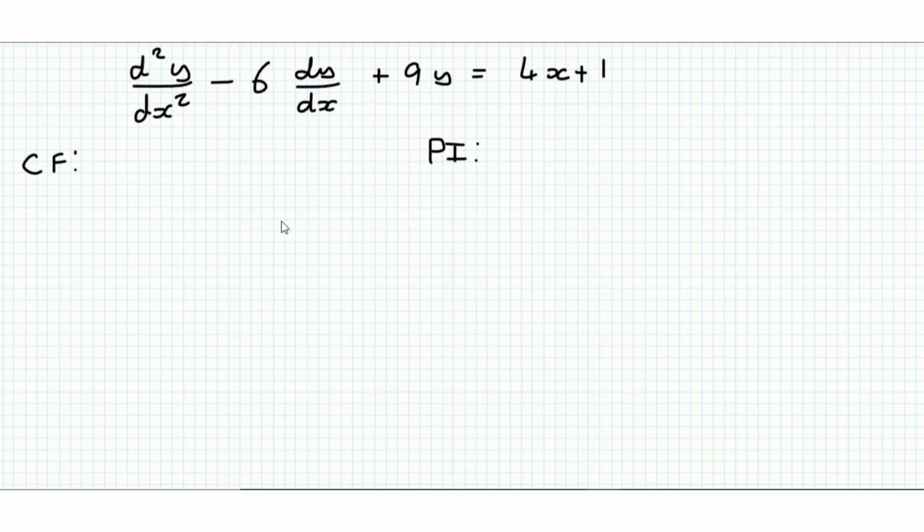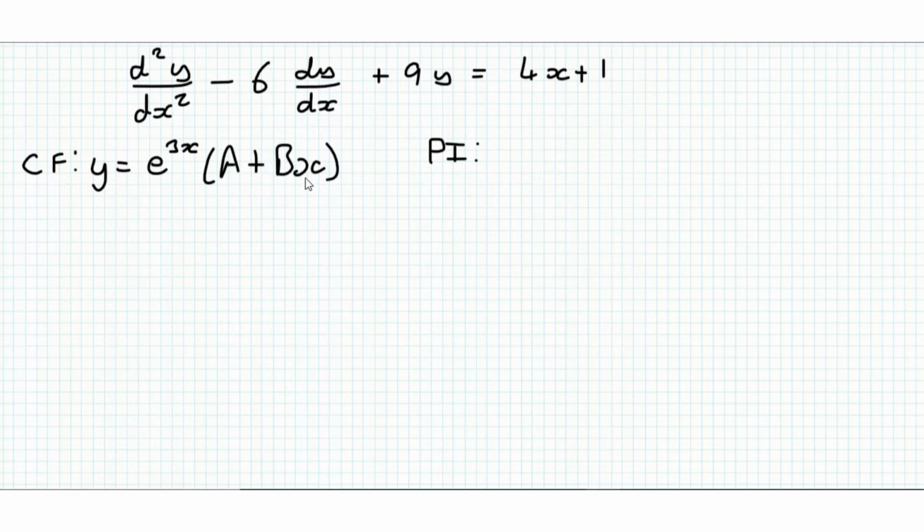If you saw our solution, the general solution of this when equal to 0 is y is equal to e to the 3x times a plus bx.